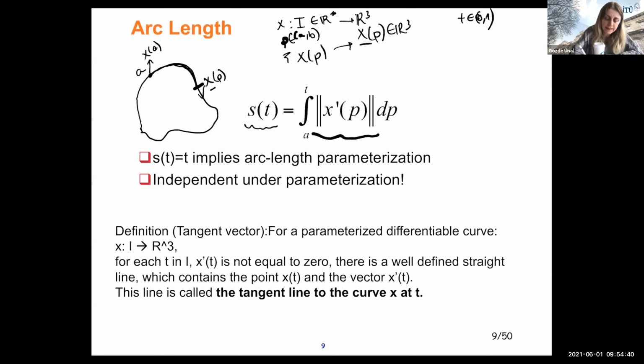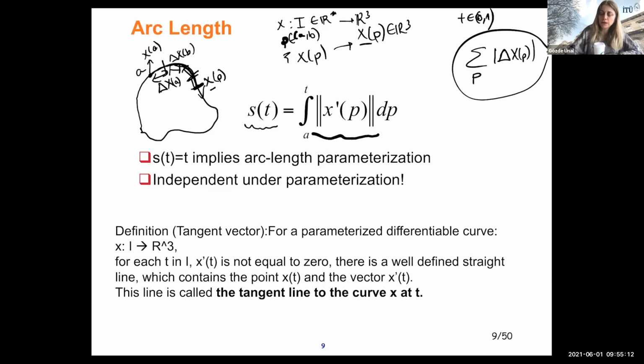That would be like doing an approximation with delta x, in this range, centered at that point x of P. You could add these up, delta x of P, to measure the length of the curve. This total would be S.